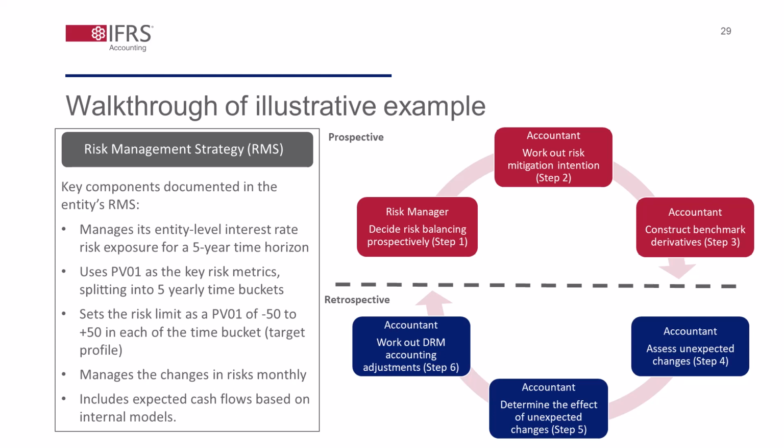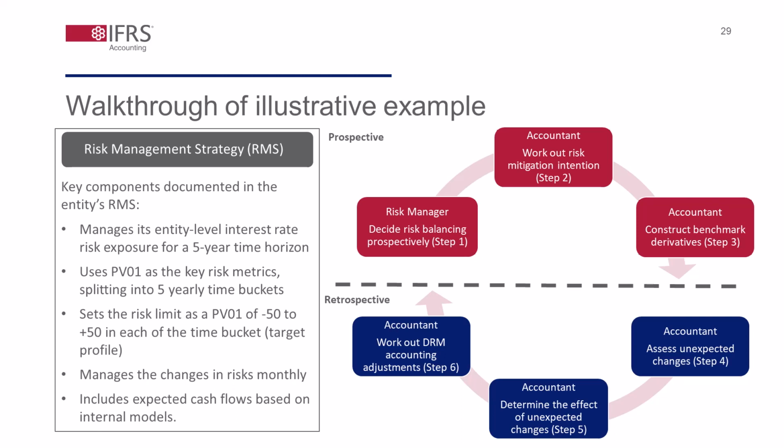Although the DRM model is applied continuously, the process itself involves a 6-step cycle for each of the assessment period. Starting from the left-hand side, in the first step, the risk manager decides risk management actions prospectively. This is followed by step 2, in which accountants work out risk mitigation intention, and accountants then construct the benchmark derivatives accordingly, which is step 3.